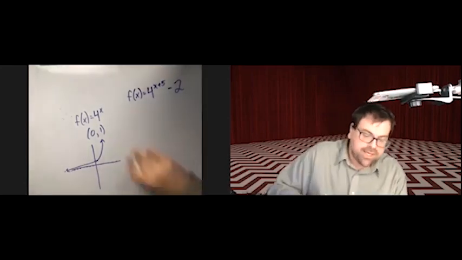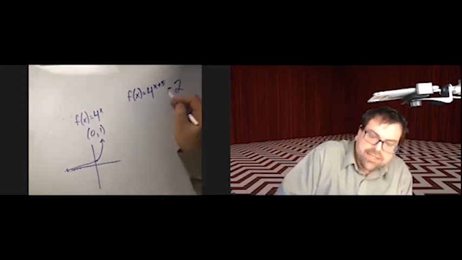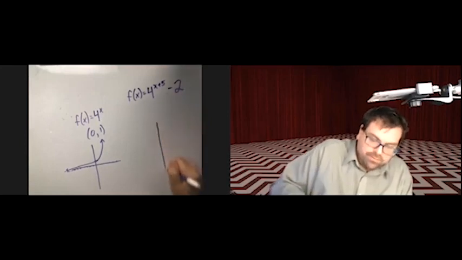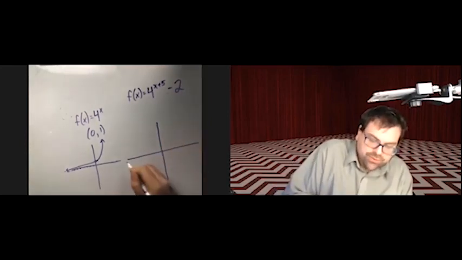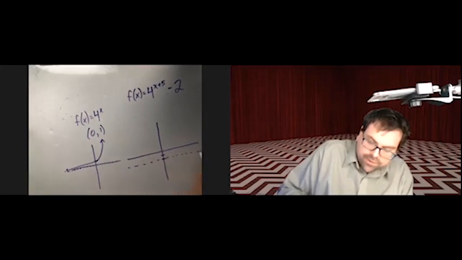Just like what we did at the beginning of the semester. Subtracting 2 from the function moves it down 2. So instead of the horizontal asymptote being here, it'll be down here.